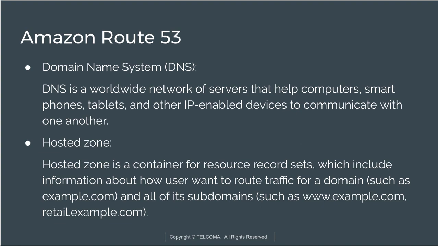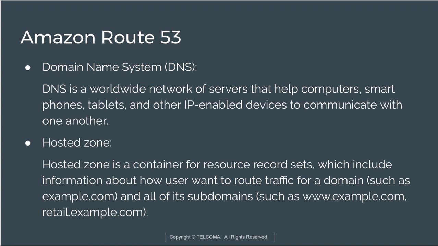Next we have hosted zone. It is a collection of resource record sets hosted by Amazon Route 53. So it is basically a container for resource record sets, which includes information about how the user wants to route traffic for a domain and its subdomains also.